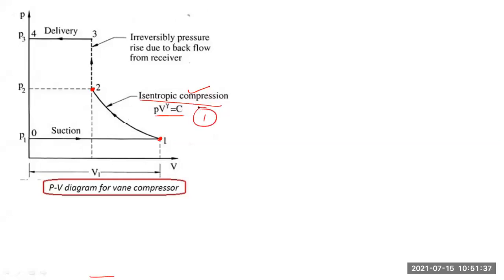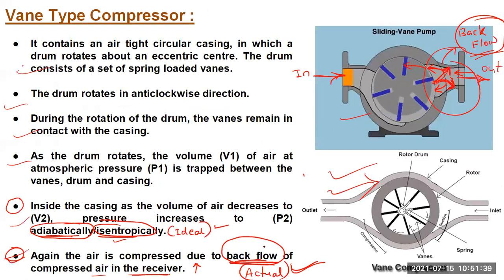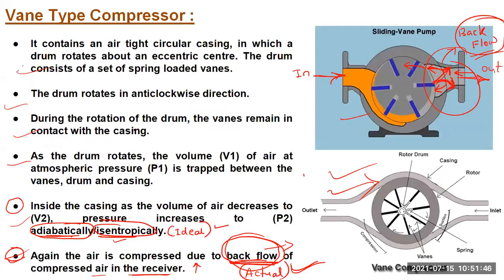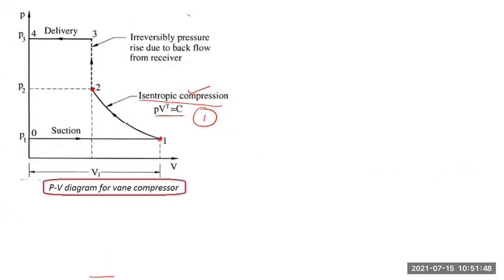This is one part of work. The second part of work we get due to the backflow of compressed air. So for the backflow of compressed air, 2 to 3 at constant volume, this is the second type of work we are getting. Okay, so this one is the ideal work we have, and this at constant volume is the actual work we have.